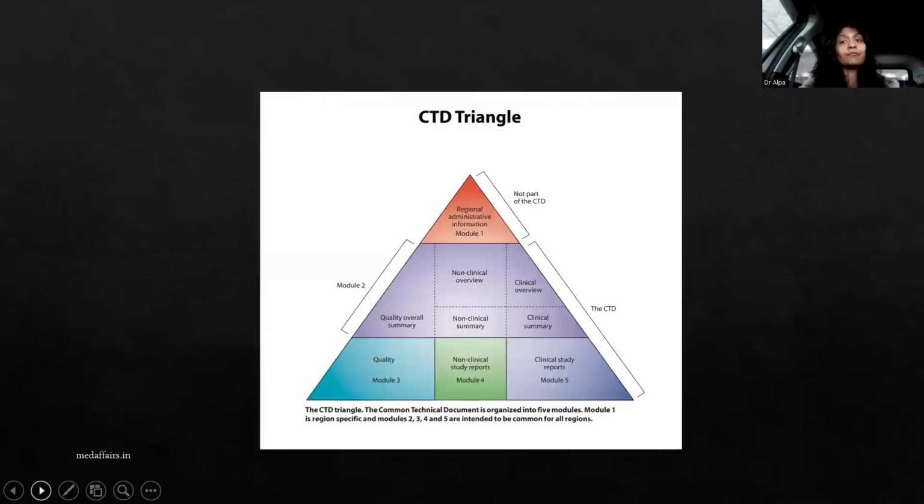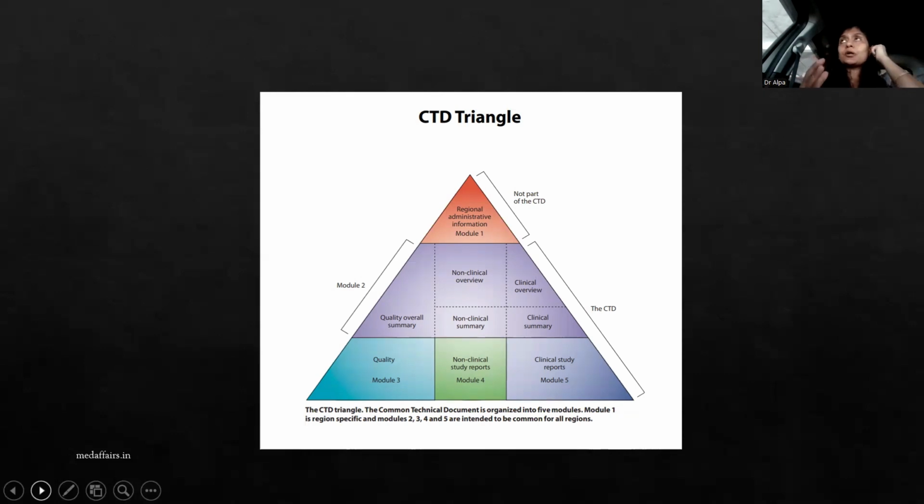Okay, so if we talk about a CTD, the structure of the application is in the form of 5 modules. So what exactly are you supposed to do? These are the 5 sections into which your application should be structured. The first module would have the regional administrative information which needs to be submitted.